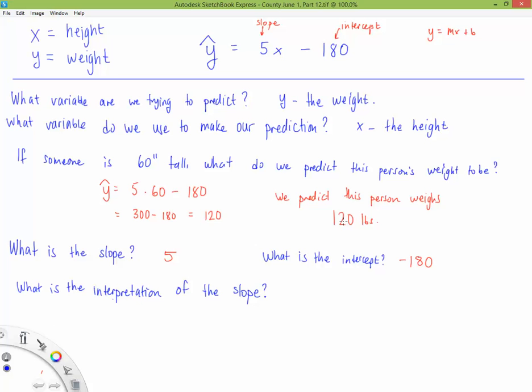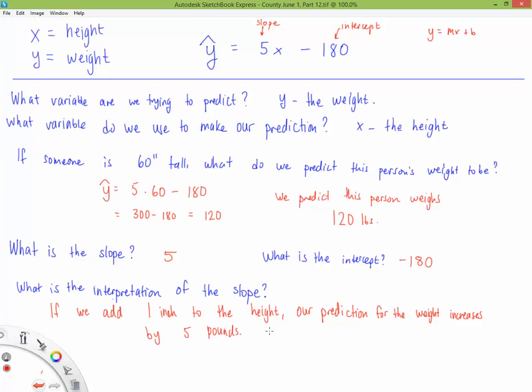So the interpretation of the slope is: if we add 1 inch to the height, our prediction for the weight increases by 5 pounds.